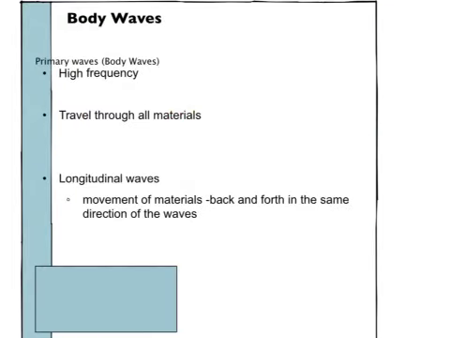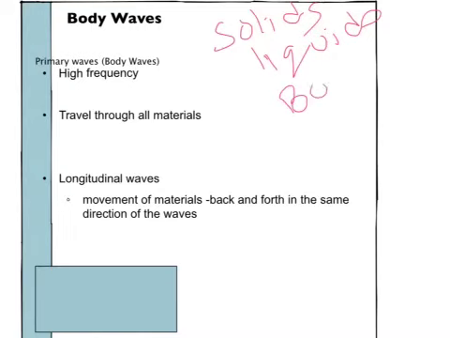The first type of body wave is a primary wave. It is known as a body wave because it can travel through solids and liquids. It travels through the body of the earth.